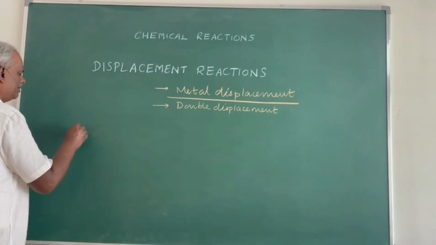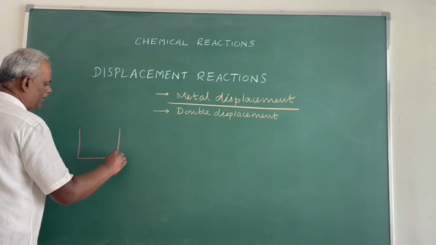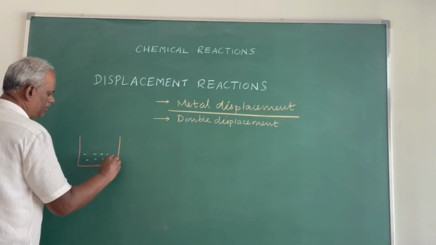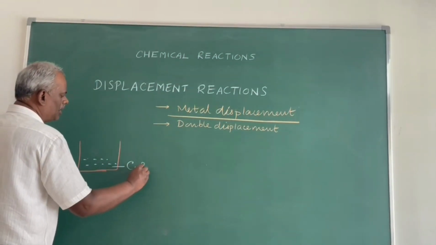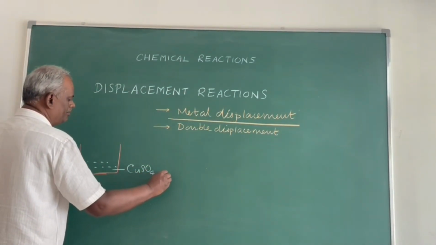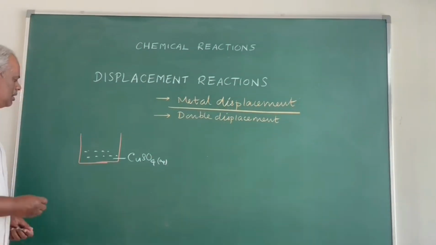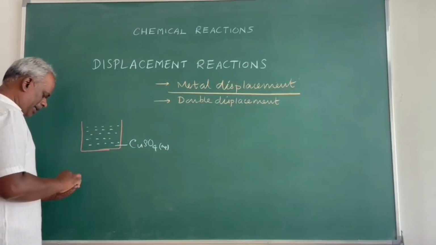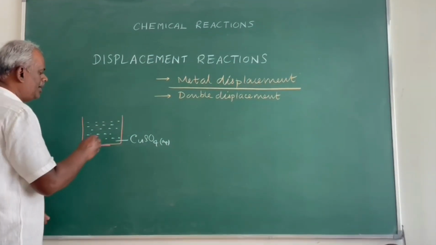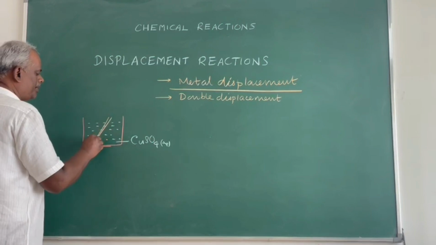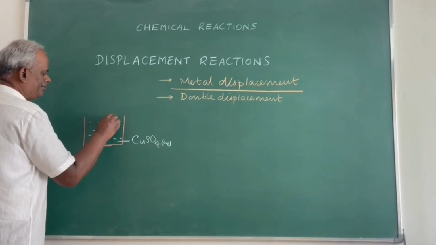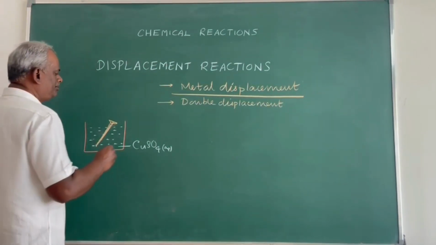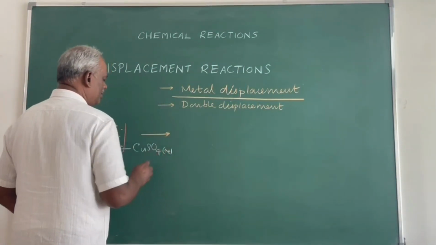Consider this example. Take a small container like this, and fill in a certain amount of copper sulfate solution. In the copper sulfate solution, we are going to keep an iron nail. If you do so, after some time, this will be the change.